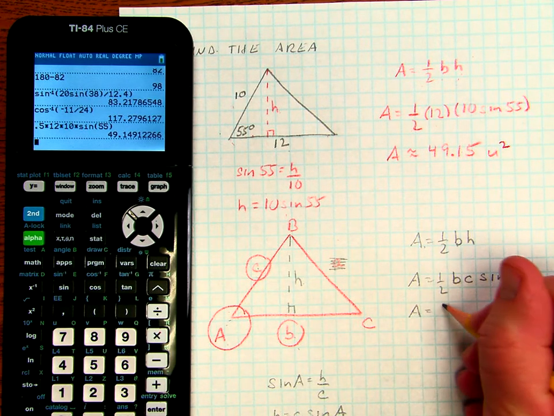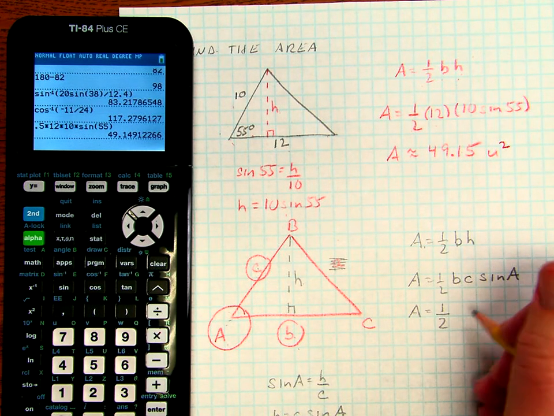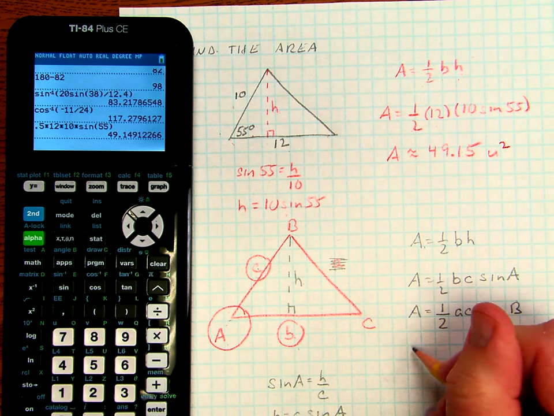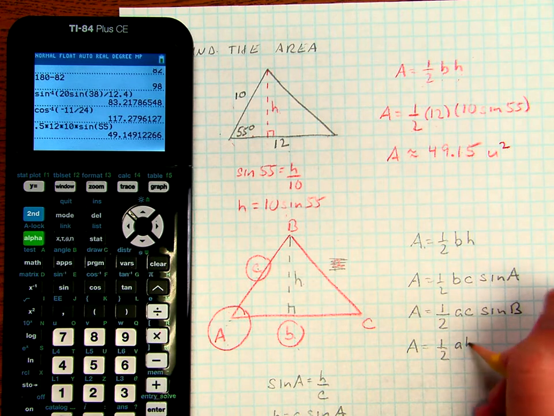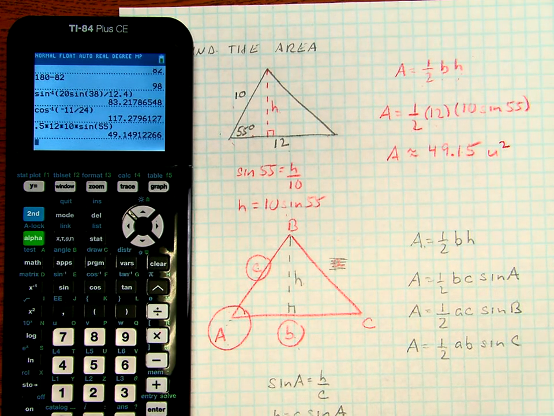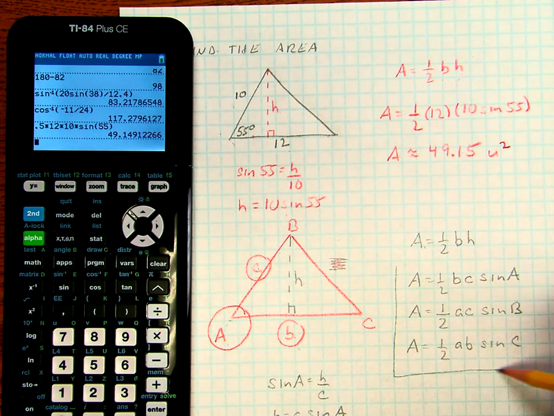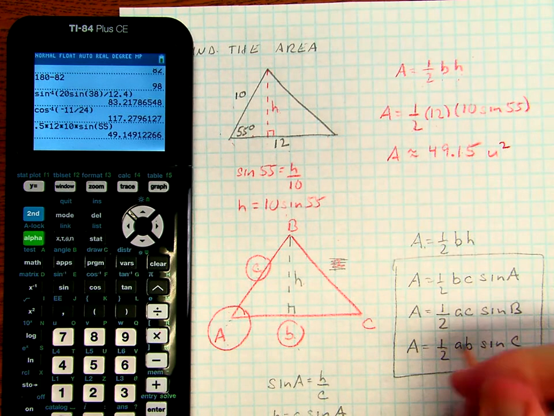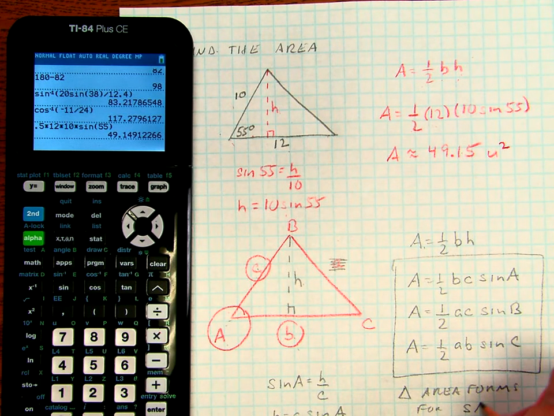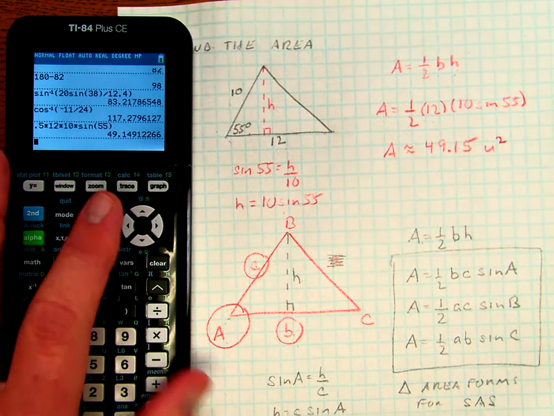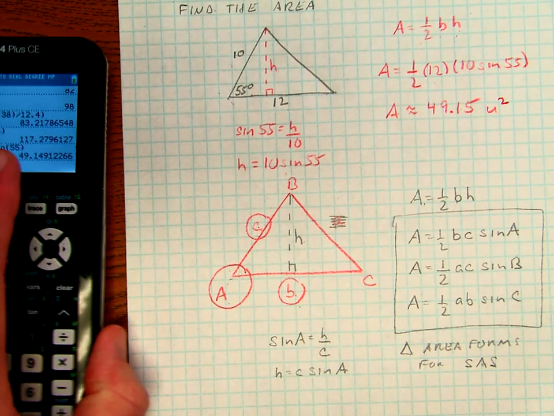So the other two versions are 1/2 AC sine B, and A is equal to 1/2 AB sine C. And these are our triangle area formulas for side angle side triangles. I didn't realize we snuck off the bottom of the page a little bit there.